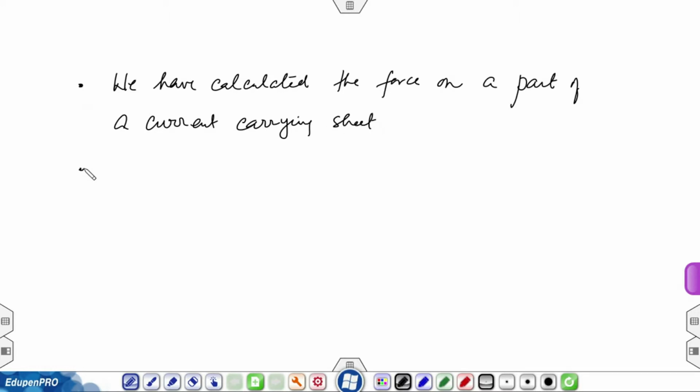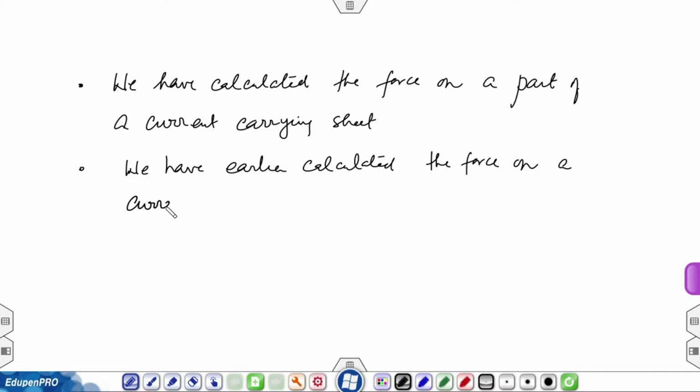We have also, before that, calculated the force on a current distribution due to an external B field.